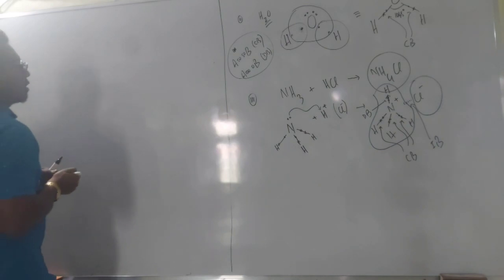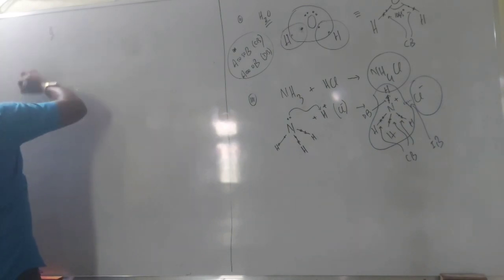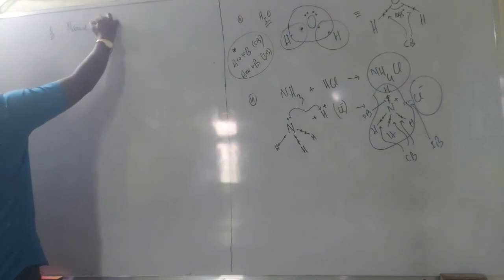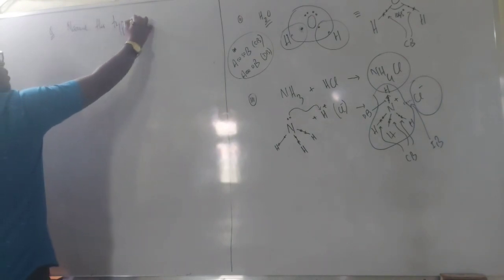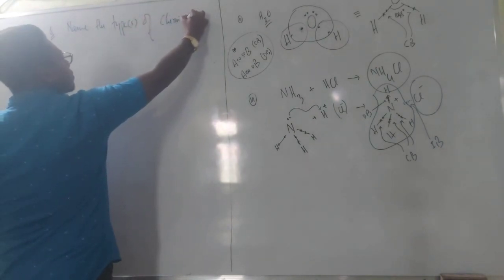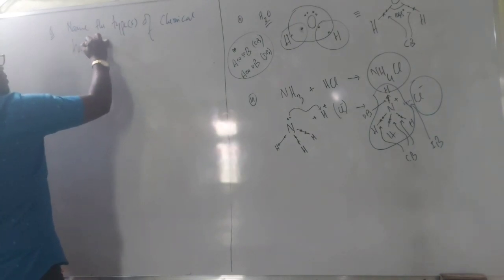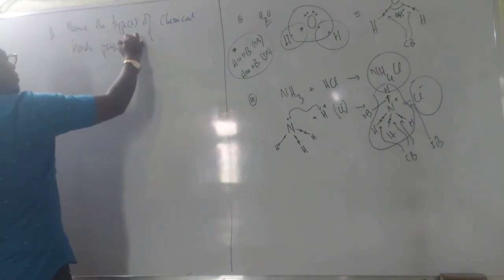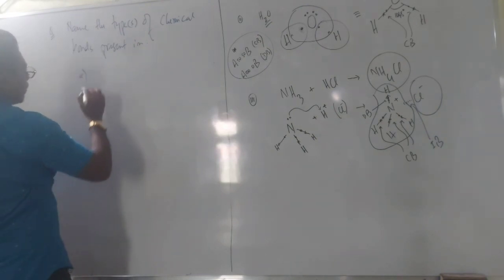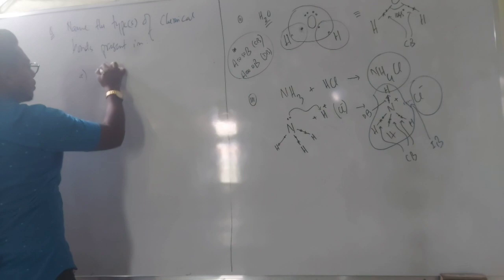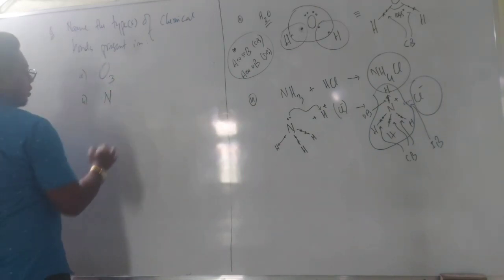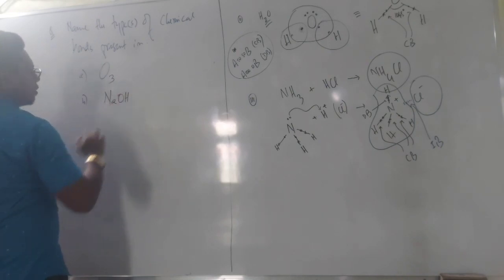So the first question is, you need to name the type or types of chemical bonds present in, for example, A, ozone. The second question is sodium hydroxide.